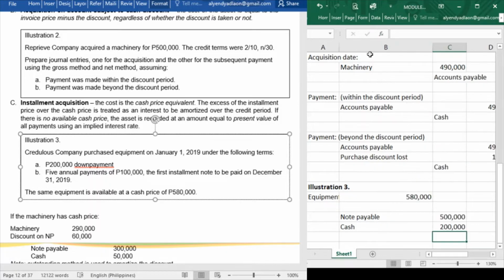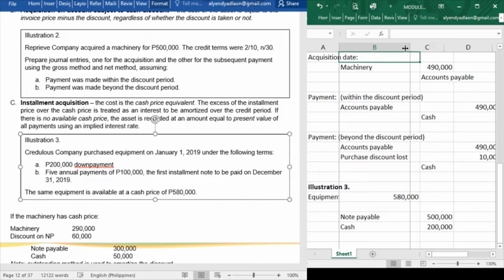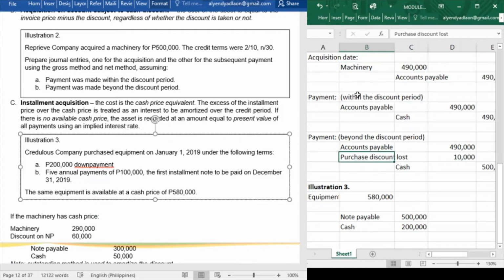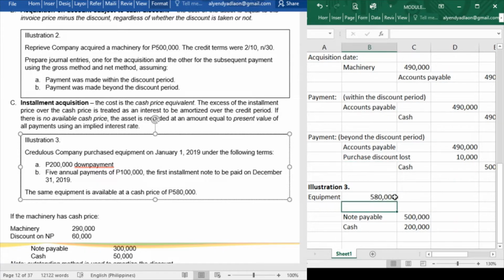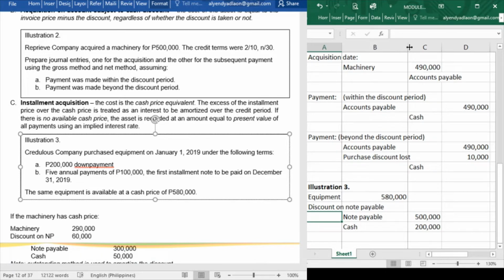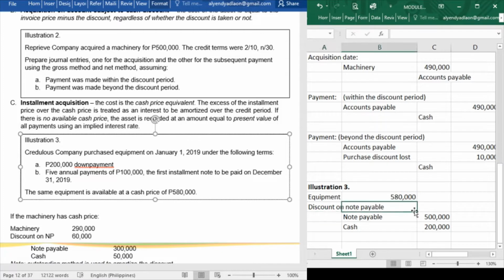What I just mentioned is that the difference between our installment price and the cash price equivalent will be treated as an interest. But for now, we still record it as discount on note payable, because such discount on note payable will be amortized as interest over the term of the note payable.